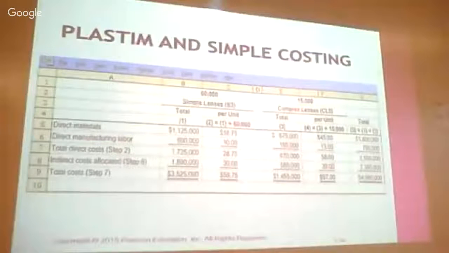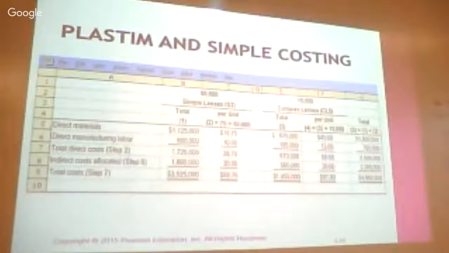So let's look at our simple lens and complex lens case. And this is actually in the book. So in this case, we are making 60,000 units, or is this 60,000 direct labor hours?